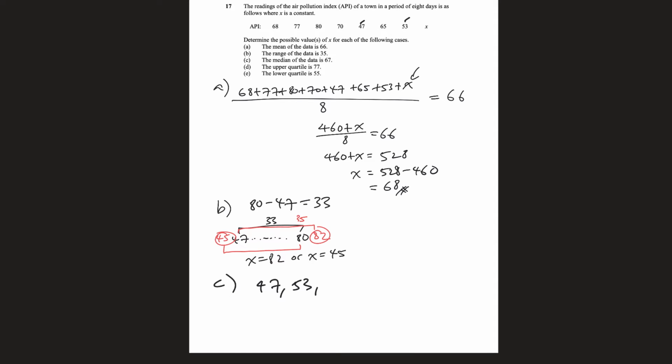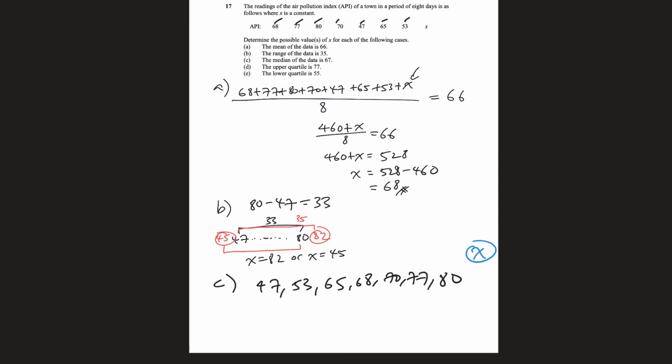Next biggest is 68, and then 70, 77. Finally 80. Of course, we don't know where X is. I'm just going to write X here. Don't know where it is.